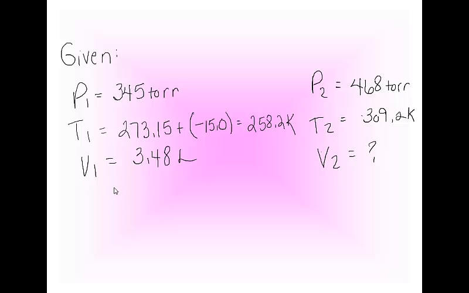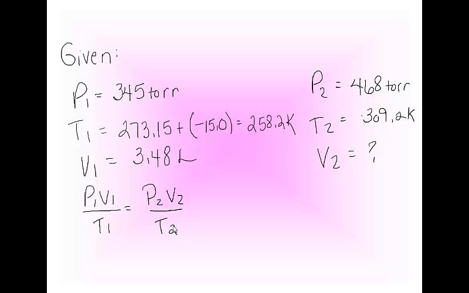Alright, so you've got a couple of varieties. Here's the combined gas law, or technically it's changing conditions PV = nRT without n.